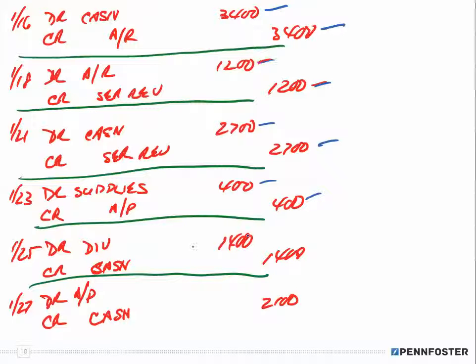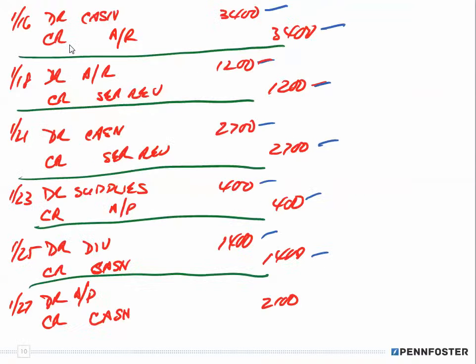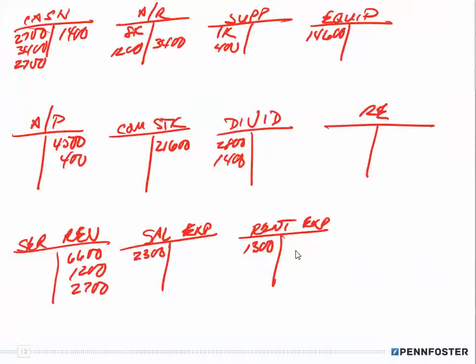A debit to dividends for 1,400 and a credit to cash for 1,400. I have a debit to accounts payable for 2,100 and a credit to cash for 2,100.